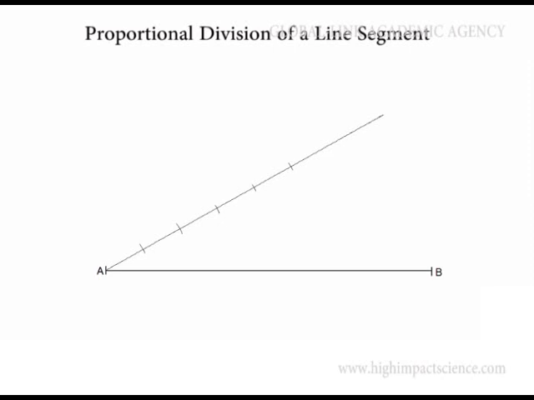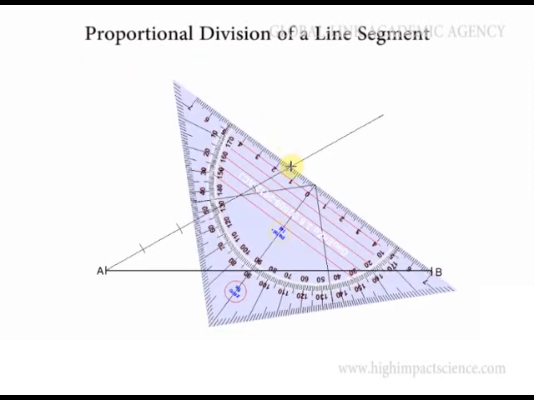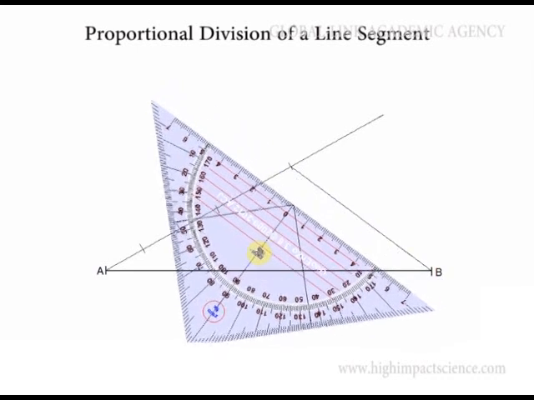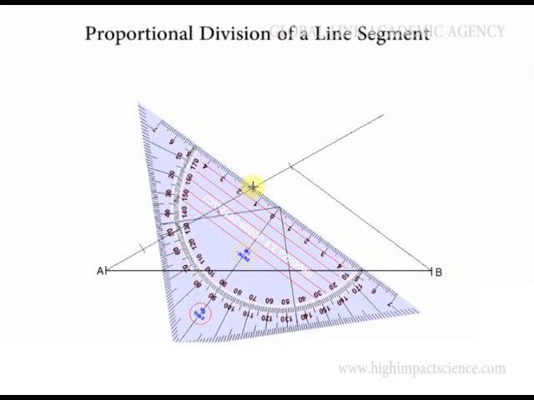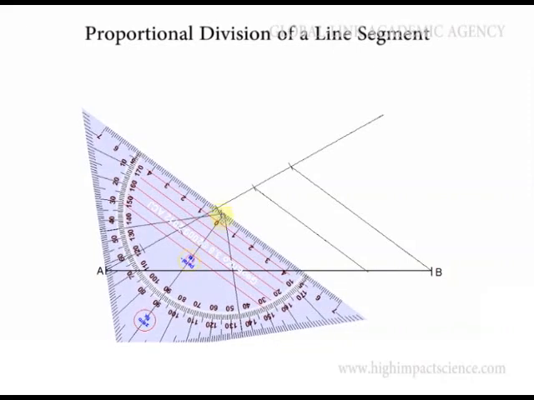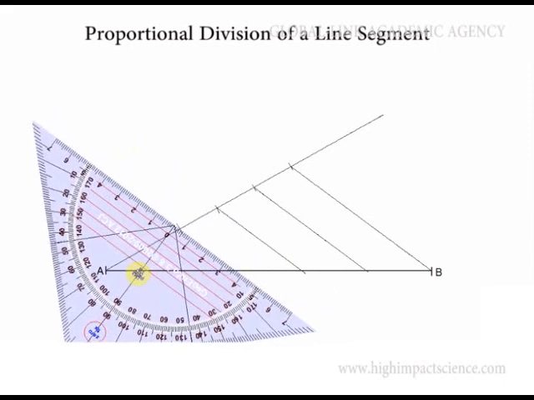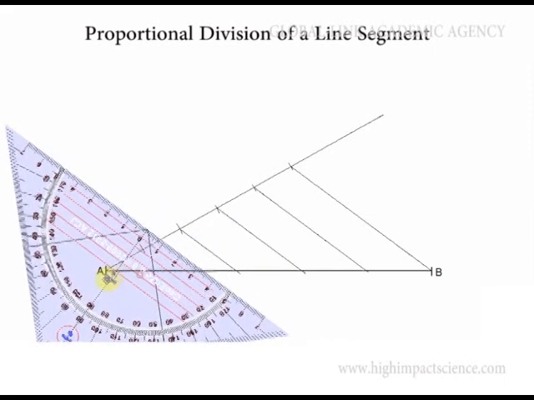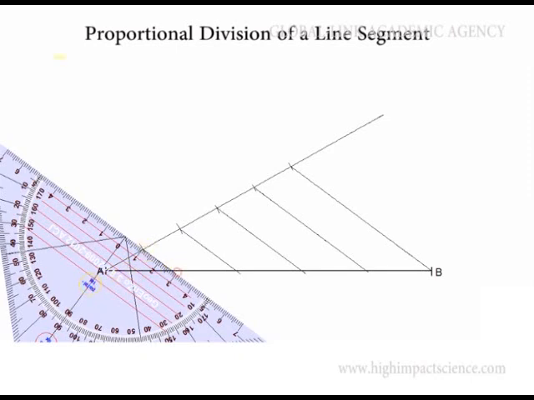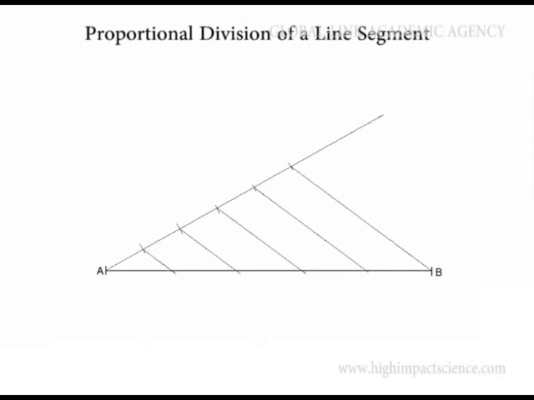Then we join the last point to our point B. The only thing you need now is to draw parallel lines to this line from all points. The parallel lines will cut AB into 5 equal parts. If you don't have a set square, you can reproduce the angles to create parallel lines.